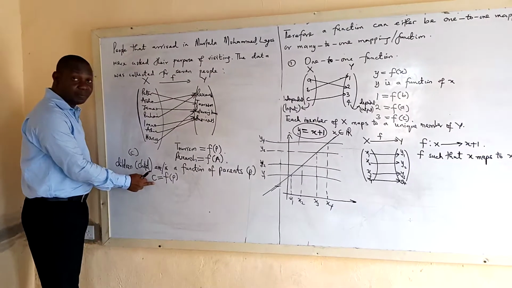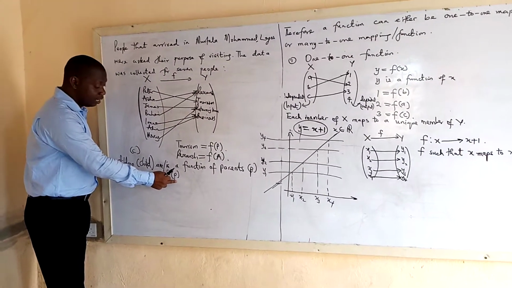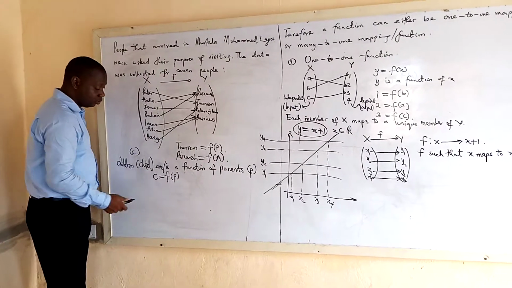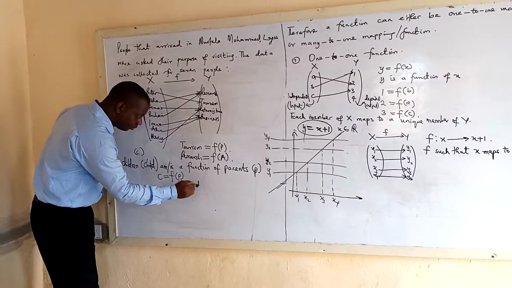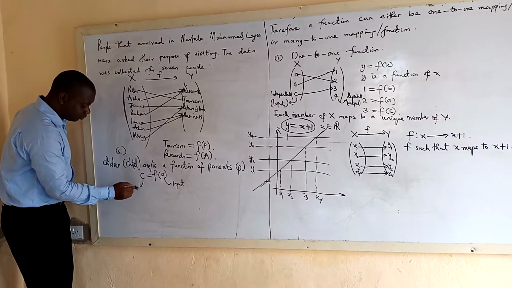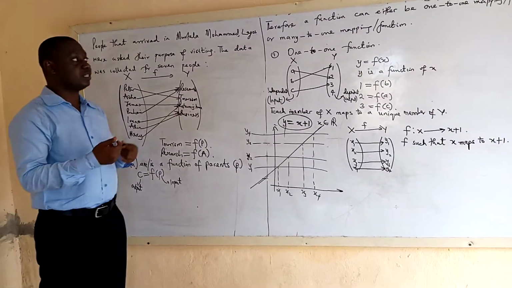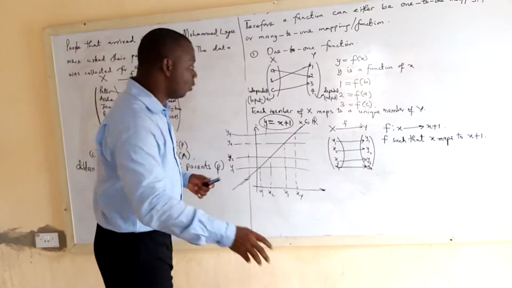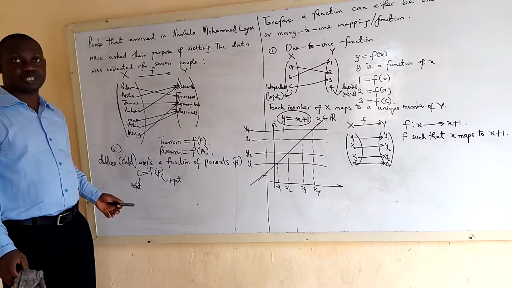C is the independent variable, while this is the dependent variable. So this is the input, and this is the output. So I'm giving you a live situation of what makes a function.